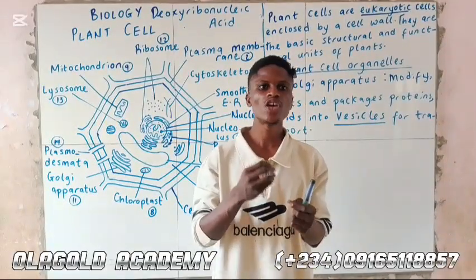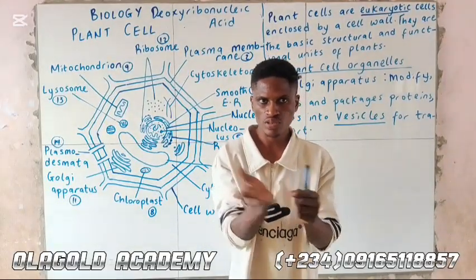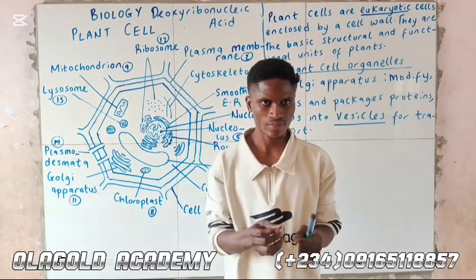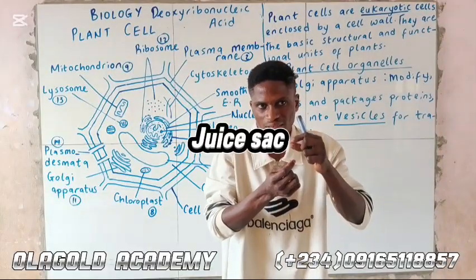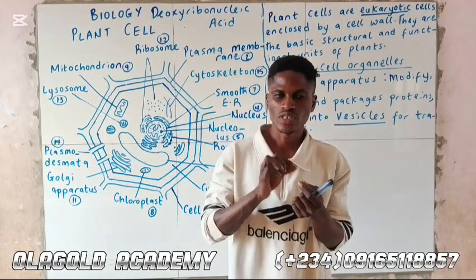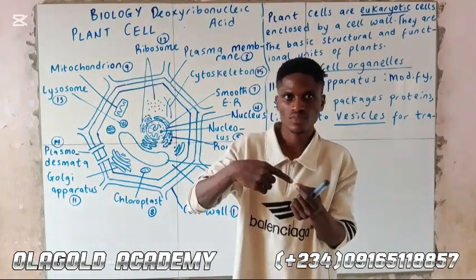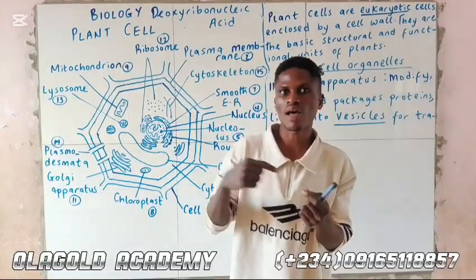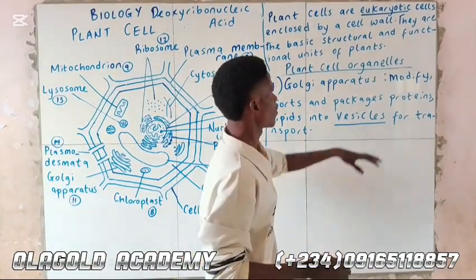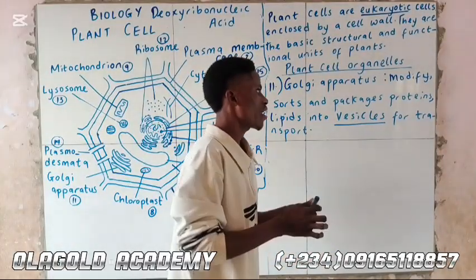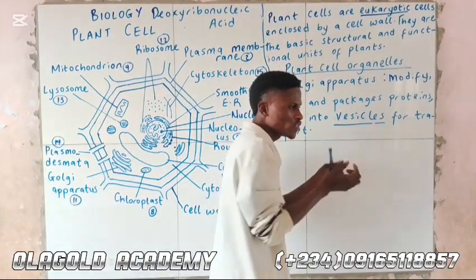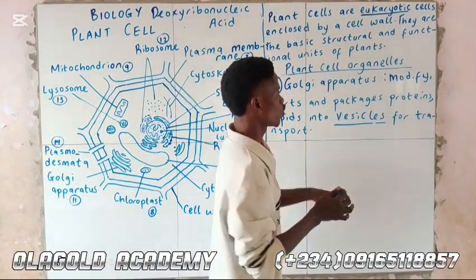If you slice and open an orange fruit, there are tiny sacs inside the orange. In that tiny sac, you have the juice, the liquid for that particular orange. The same thing also, these proteins and lipids and some other nutrients are packed into vesicles, into tiny sacs for transport around the body.